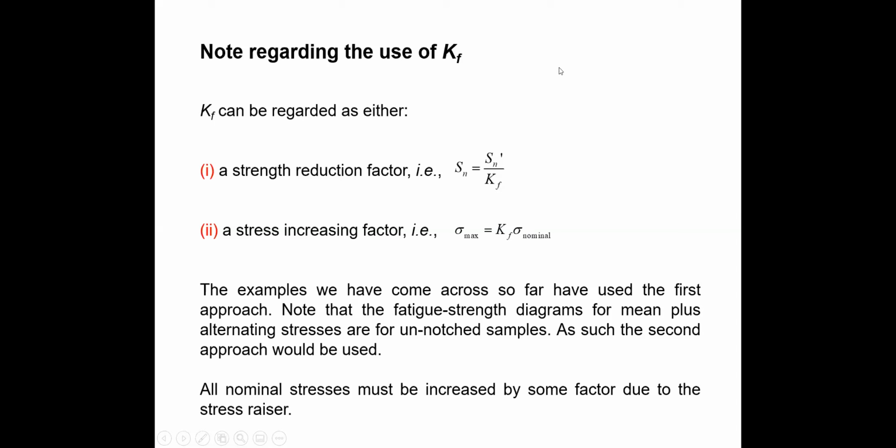That means when you find the 10 to the power 6 cycle strength, don't divide by KF if you already introduced KF with the stress. You will see it in the calculation. Did you understand that? If you introduce KF both places, it will cancel out. Are we clear about that? Yes, sir. Okay.